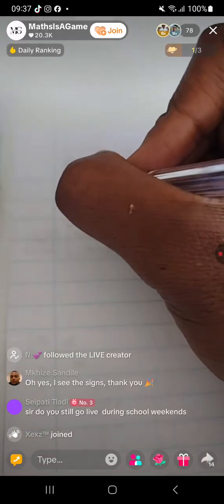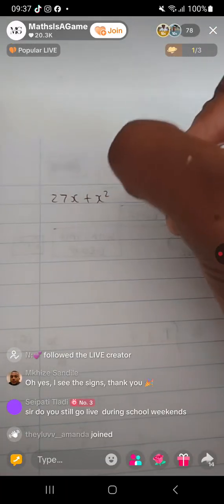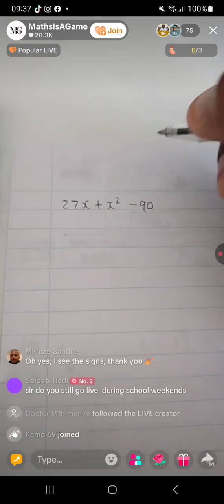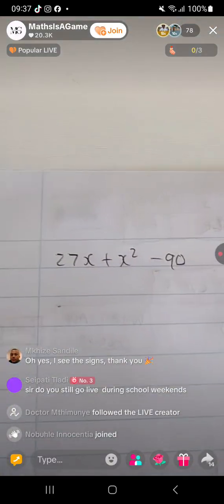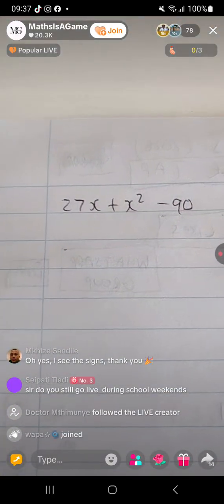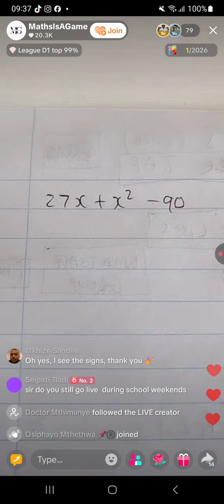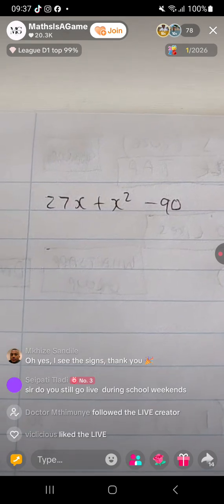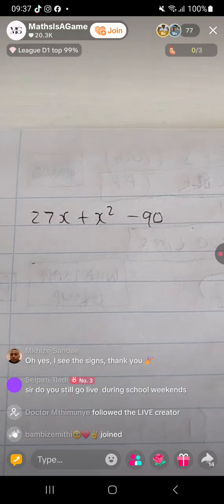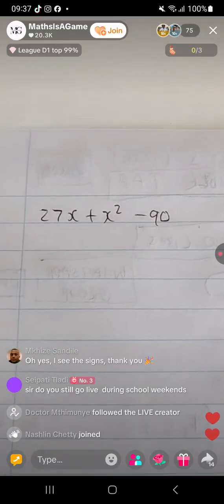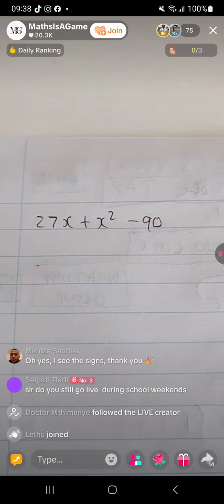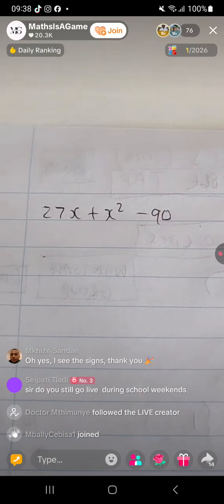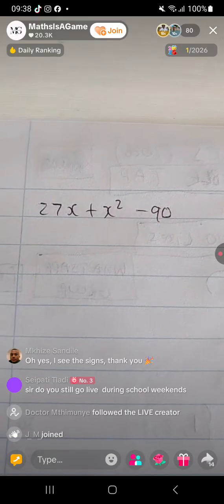Let's do this. I'm going to do 3 last problems, this one included. Look at this problem: 27x plus x squared minus 90.